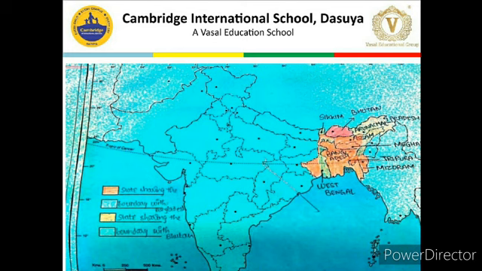The other country highlighted in the picture is Bhutan. You can see red color shading is used to show the area of country Bhutan, and the states of India sharing boundaries with Bhutan are West Bengal, Arunachal Pradesh, Sikkim and Assam. You can have a moment to look at the map.